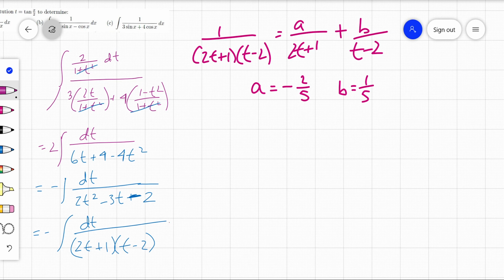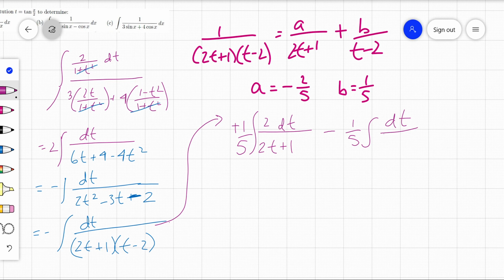So here's my integral, so I've got minus, and then I've got negative 2/5, so I'm going to go positive 2/5. And I've got 2t plus 1 here. And again, I've got minus, and here B is a 5th, t on t minus 2. So you can see here the derivative of 2t plus 1 is 2, and that's on the top.